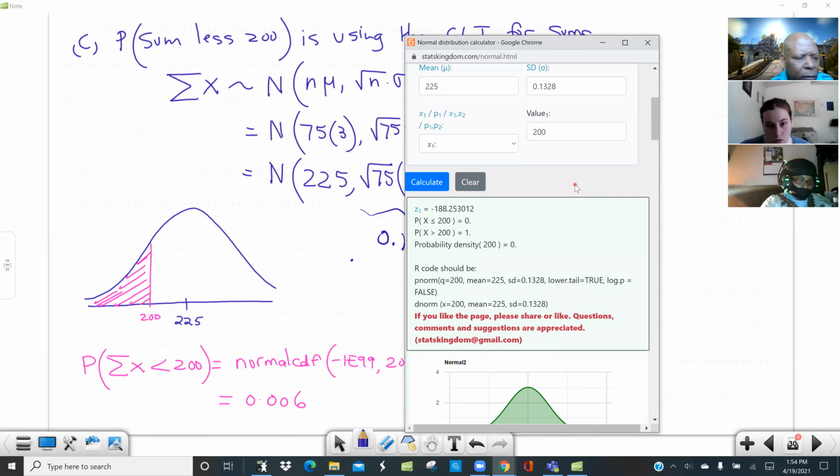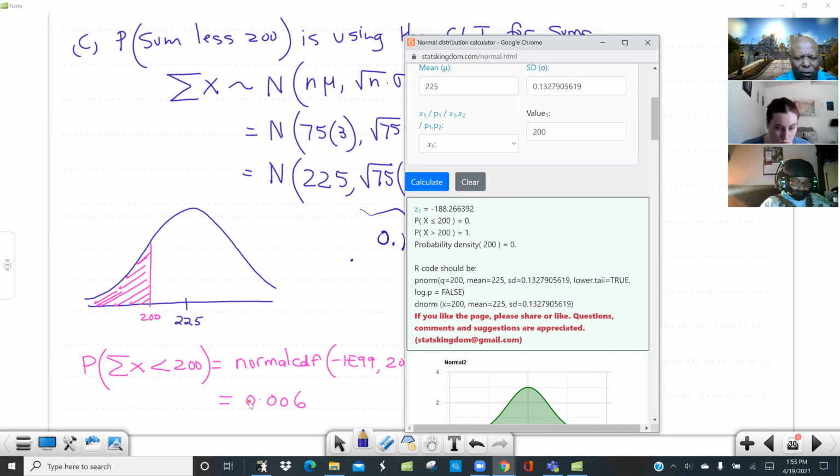225, 0.1328. Let me add some more digits here and see what happens. 0.1327905619. Let me see what happens if this can change a little bit. It doesn't. It's really 0.